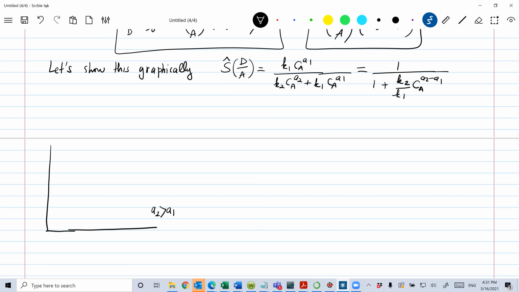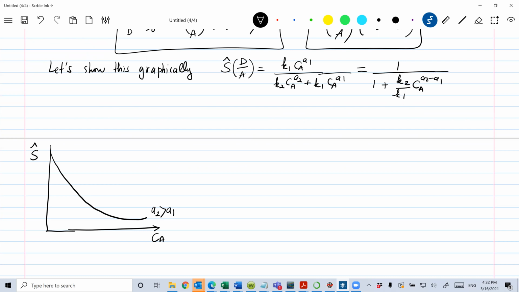If A2 is bigger than A1, this plot is S hat of D over A, and this is CA. This is the plot. If A2 is bigger than A1, this plot is gonna look like this. That's what S hat is gonna look like if A2 is bigger than A1.